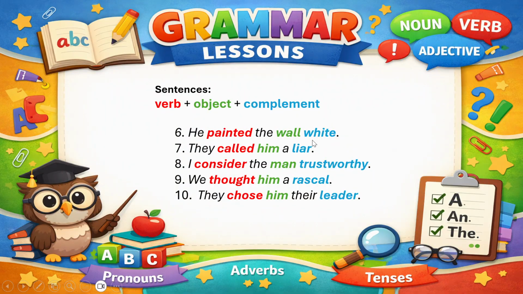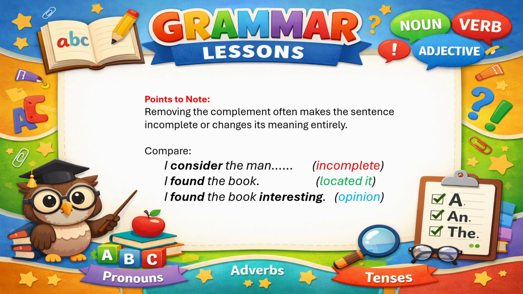Likewise, in the sentences, the words white, liar, trustworthy, rascal, and leader, they tell us something more about the objects like wall, him, man, and in the 9th sentence him, and in the last sentence also about him. So once again, I'm over stressing that this is not the complement of the verb, this is the complement of the object, and this is a special structure.